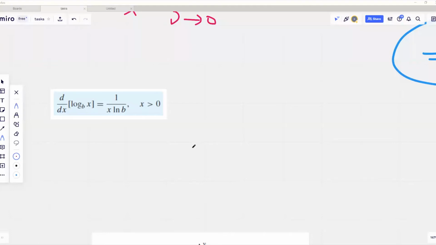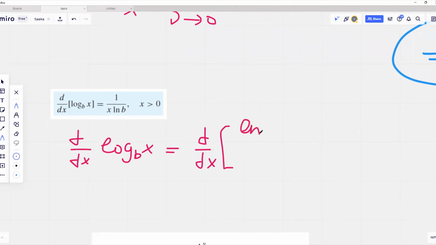Now let's find the derivative of a general logarithmic function, d over dx of log base b of x. Using properties of logarithmic functions, this can be expressed as d over dx of ln of x over ln of b.